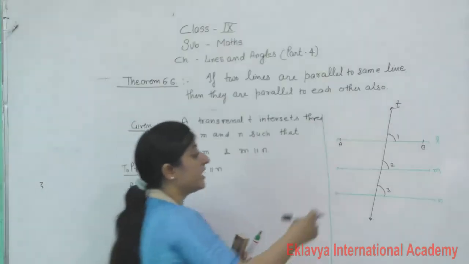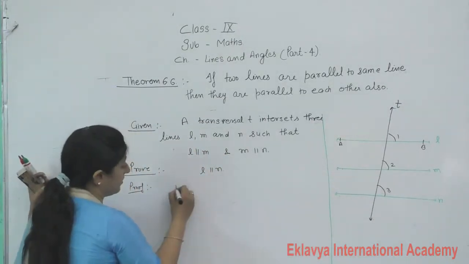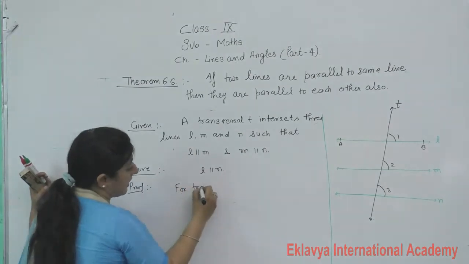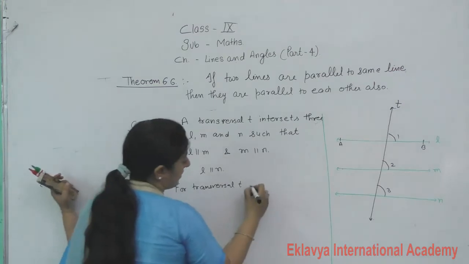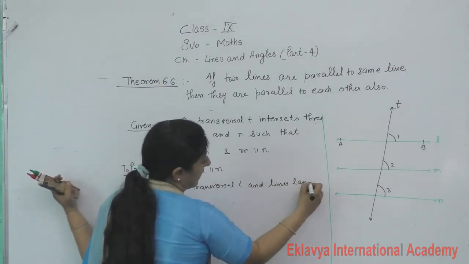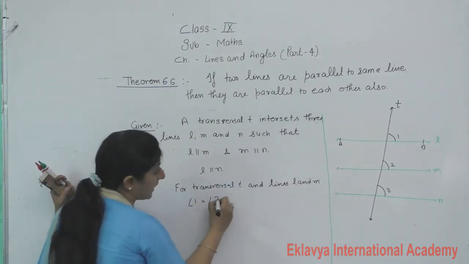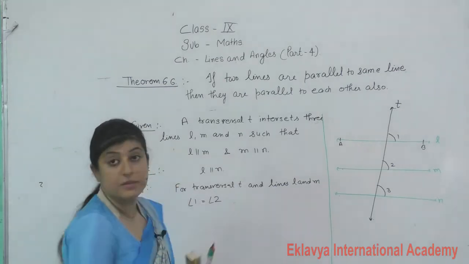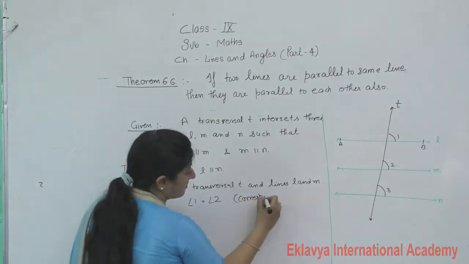In proof, see, firstly L parallel to M. For transversal T and lines L and M, angle 1 is equal to angle 2. What is the reason behind this? Corresponding angle.